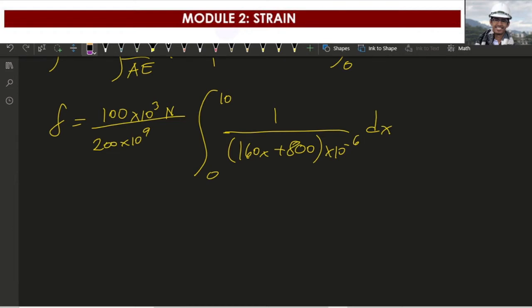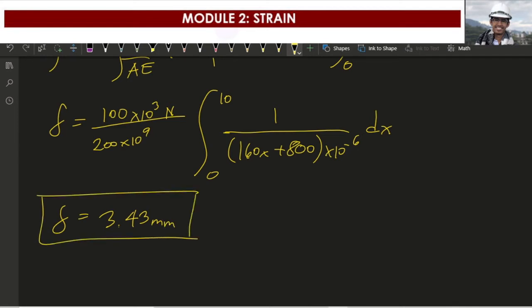Kung merong integral function yung kanyang inyong calculator, if you are using fx991es or es plus, so that will give us the elongation will be now equal to 3.43 mm. Okay, so this will be the elongation due to the 100 kilonewton axial load.